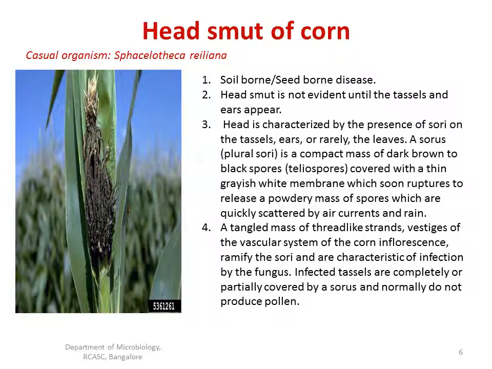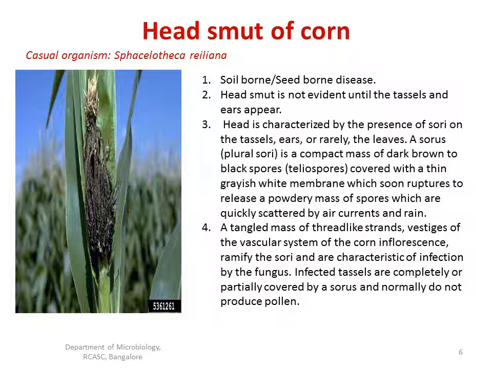Another important symptom is these tangled masses of thread-like strands, which are the vestiges of the vascular system of the corn inflorescence, ramifying the sori, and are characteristic of infection by the fungus.